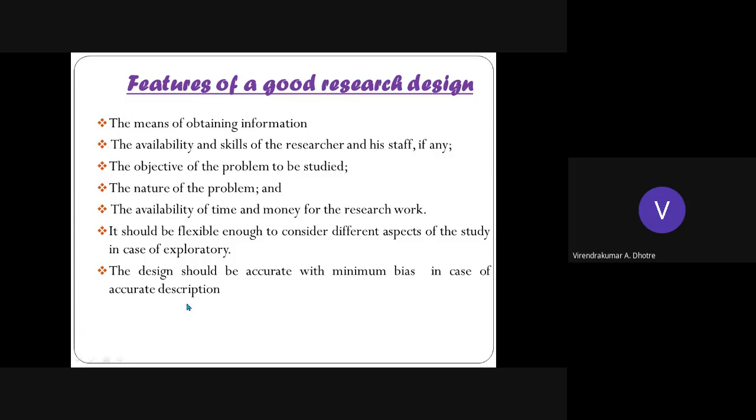And the most important thing is that the design should be accurate with minimum bias. Minimum bias means minimum changes. So the design should have minimum bias, and it should be accurate enough.